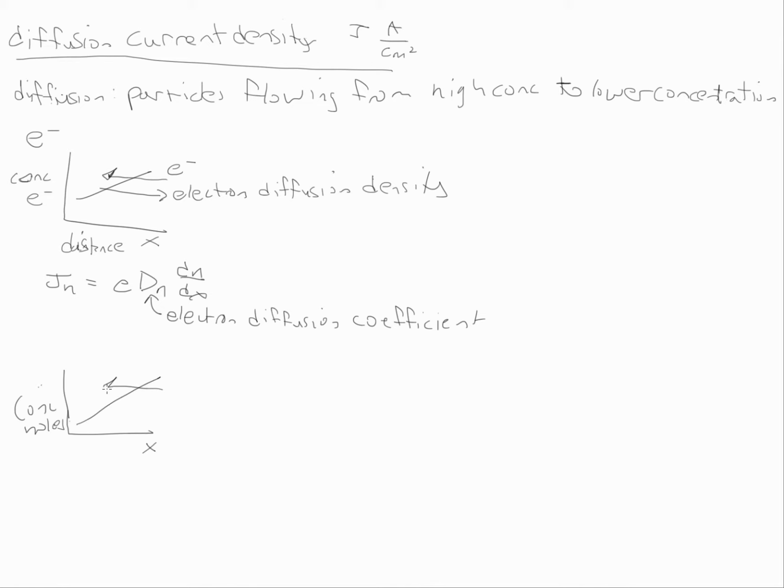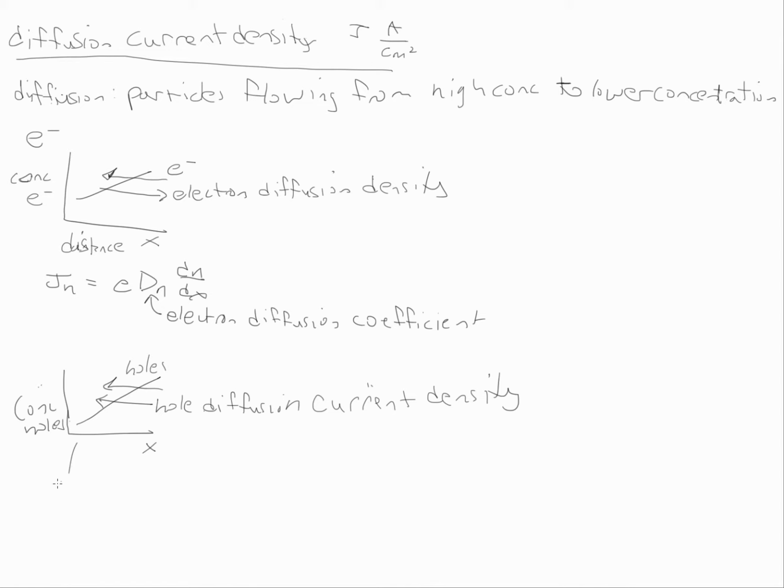And now your holes want to go this way, but also your hole diffusion current density is going that way also, because current is the flow of positive charge.